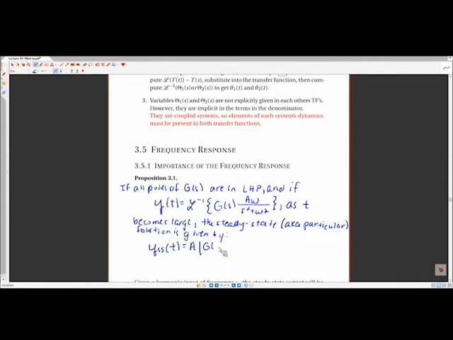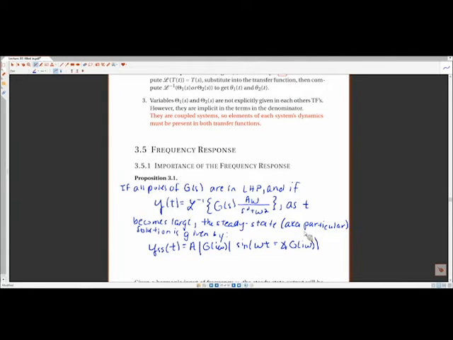Dr. Helsley likes to use i, so I like j's for imaginary numbers, but I'll stick with his convention. So A times the magnitude of G(i omega), sine of omega t plus the phase angle of G(i omega).